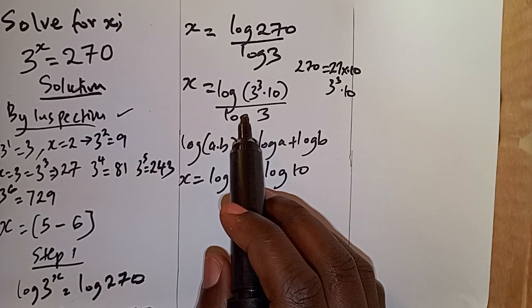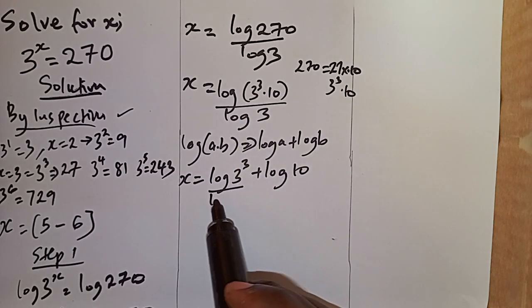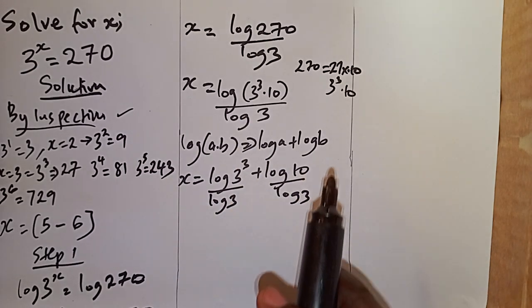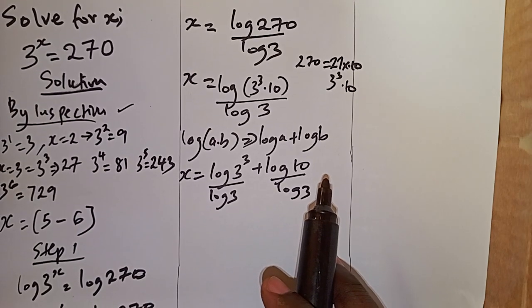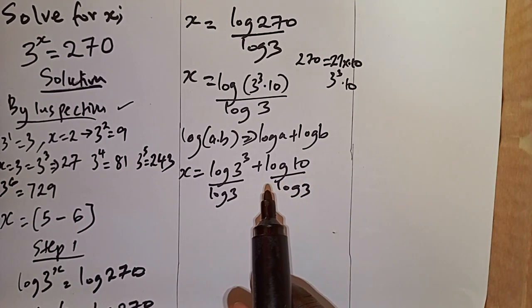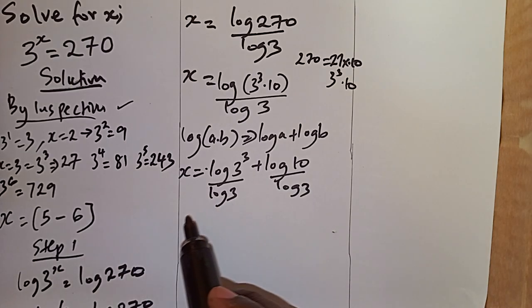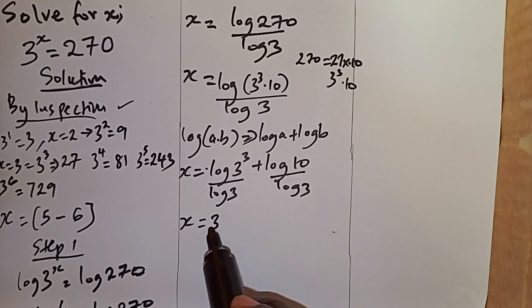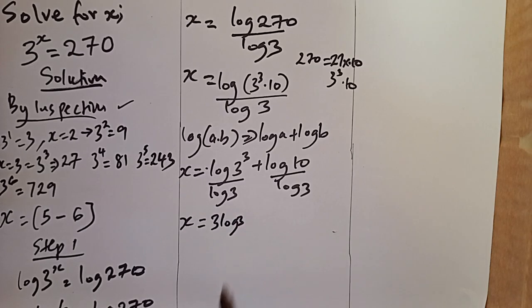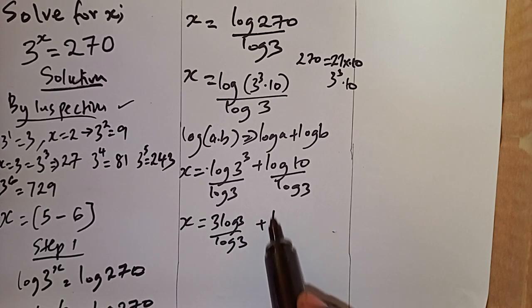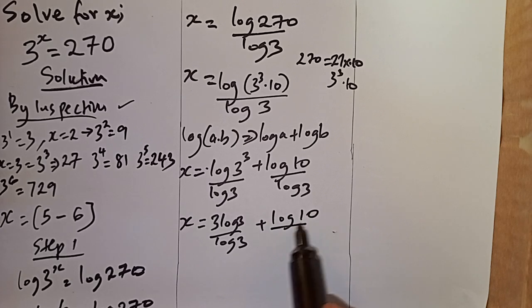Since the denominator was the same, I'm going to divide all through by the log 3. The power can come down, so that I have x equals 3 log 3 divided by log 3, plus log 10 divided by log 3.